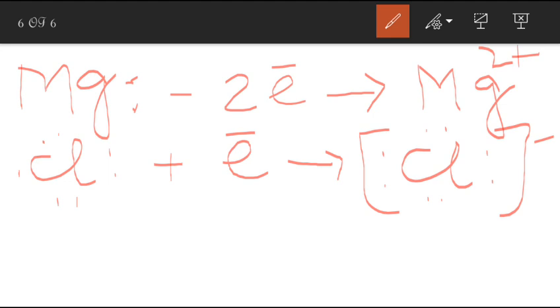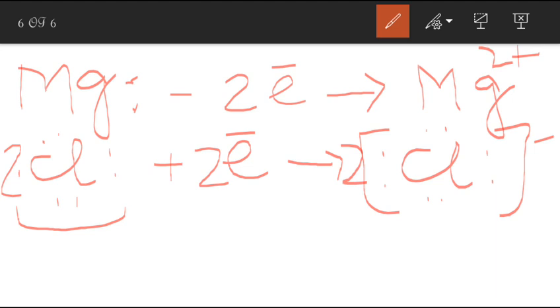So the electrons lost by the metal will be directly proportional to the number of chloride ions. That is, when magnesium loses 2 electrons, it reacts with 2 atoms of chlorine. So 2 atoms of chlorine will gain 2 electrons and get converted into 2Cl-, because magnesium will lose 2 electrons and the non-metal must gain the 2 electrons, but here chlorine needs only 1 electron.